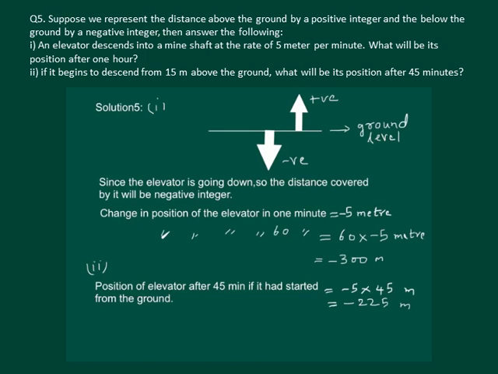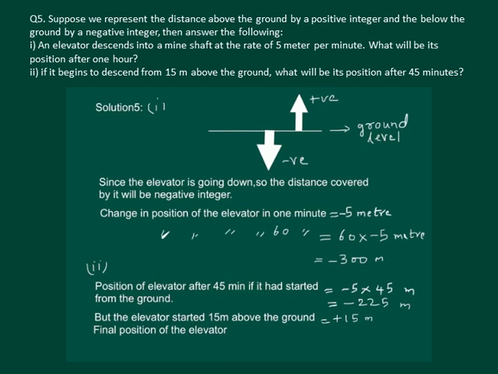Note here, the negative sign only denotes that the elevator is going down from the ground level. But the elevator had started 15 meters above the ground. So that distance should be plus 15 meters.